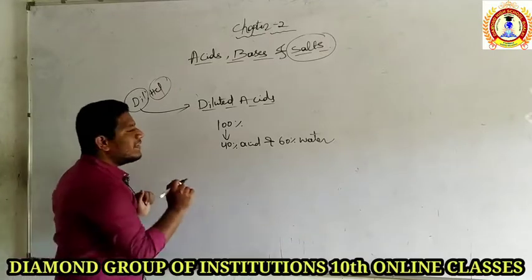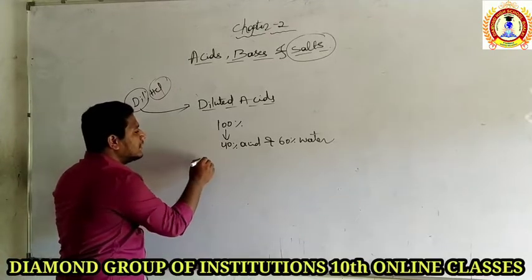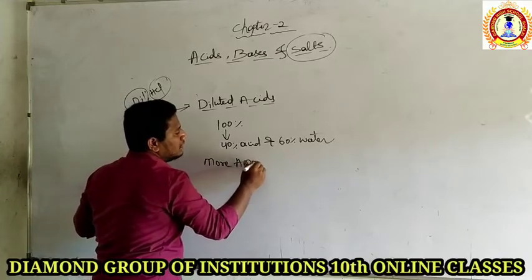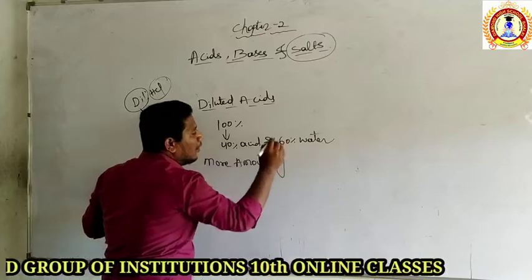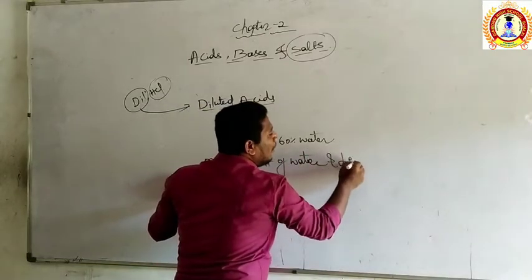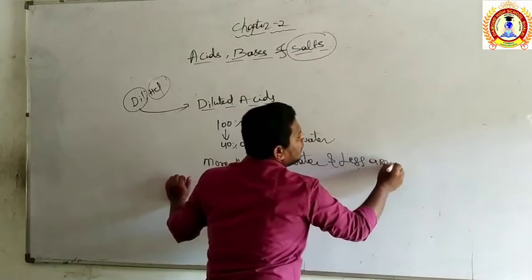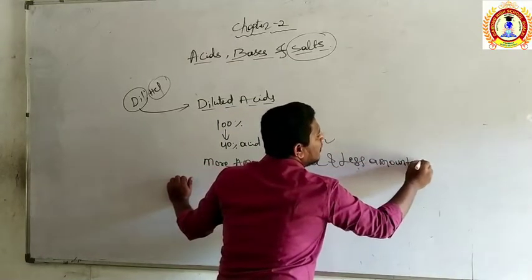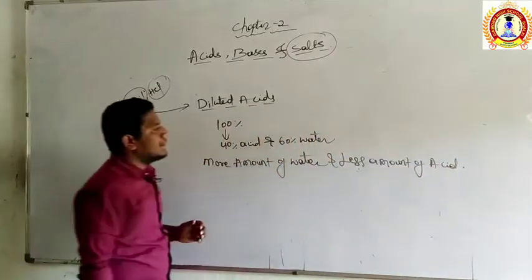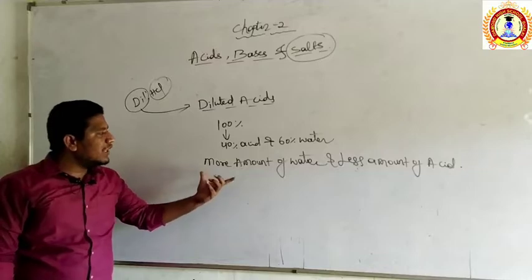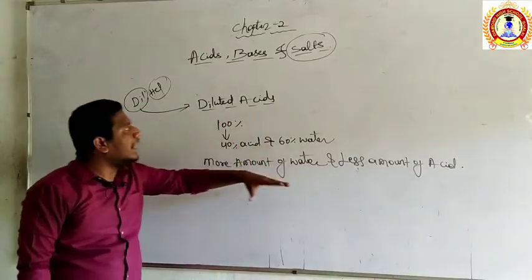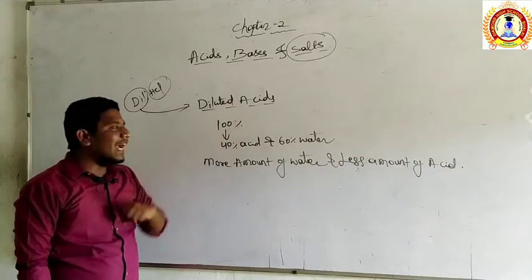What is the simple definition of diluted acid? More amount of water and less amount of acid. If in a solution there is more water and less acid, that kind of acids are known as diluted acids.